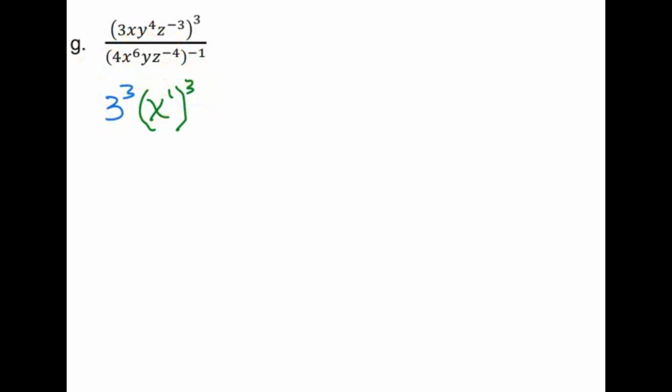And then y to the fourth needs to be raised to the third power. Our z needs to be raised to a power. So this time we've got z to the -3 still raised to the third power. All right, so we gave everything in the numerator that power of 3.